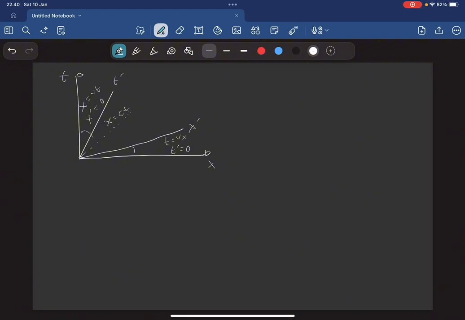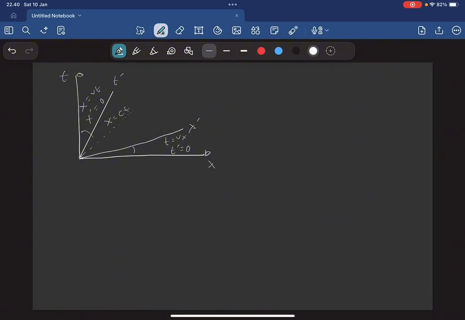We have discovered two interesting things. First, if the speed of light really is the same in every frame, and you use light rays to synchronize clocks, then the pairs of events that are synchronous in one frame are not the same pairs that are synchronous in another frame.